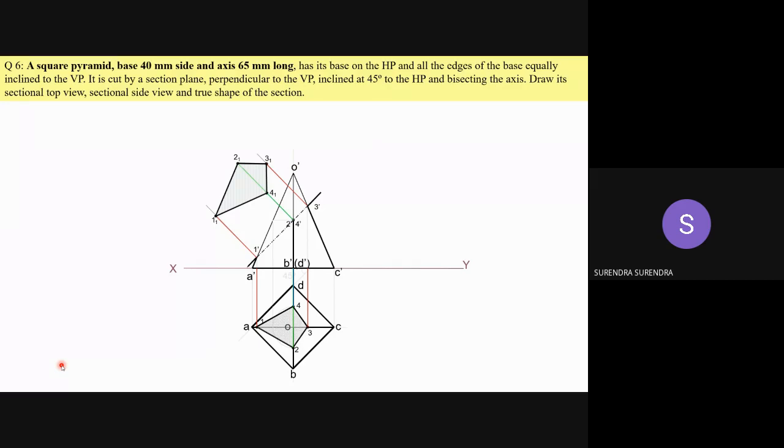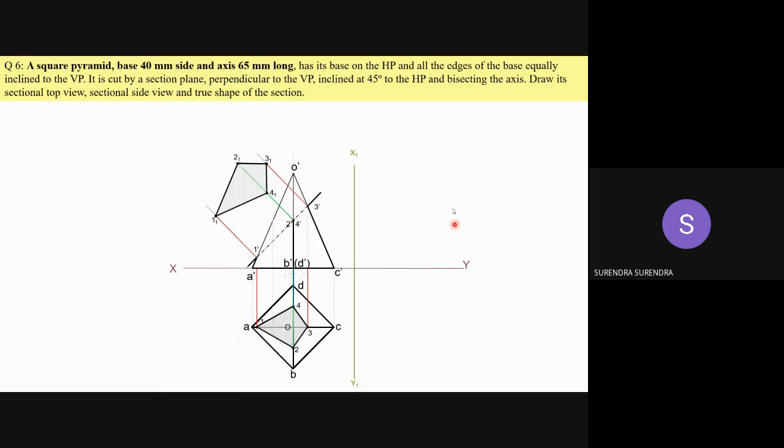So now let us draw the side view. For side view, draw a perpendicular line to XY line. Name this as X1 Y1 line. Now draw the projections from front view and top view. From front view, draw parallel lines to XY line from every point.